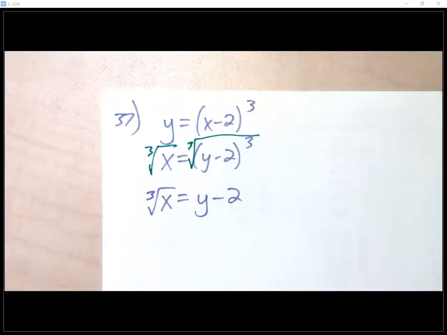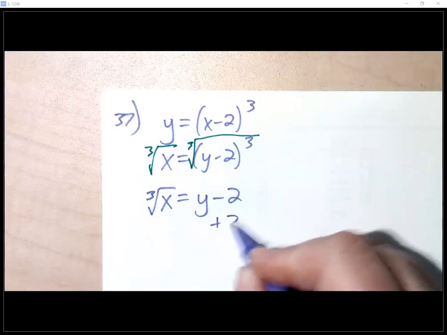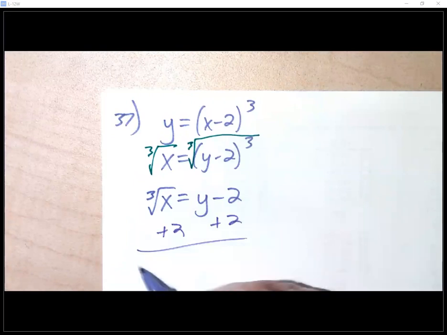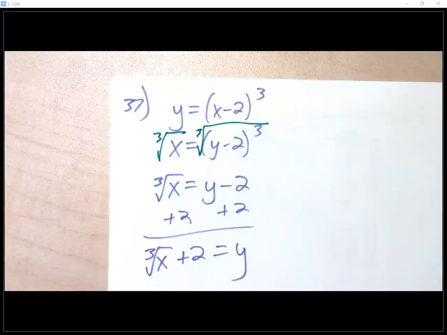All I got to do is add the 2. That's it. Be careful when you're writing this that you don't write the +2 underneath the cube root because it's not. They're separate. So there's 37. There's the inverse.